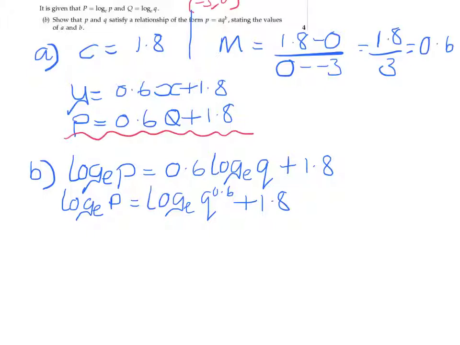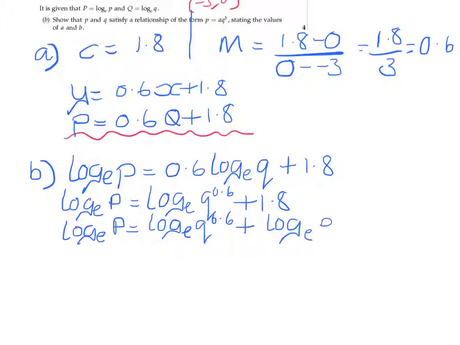I don't like the 1.8 being there because it needs to also be a log base e, or else I can't do anything with it. And remember, if I've just got a constant and I want to make it log to any base, it just becomes the log of that base of the same, so e to the power of 1.8.